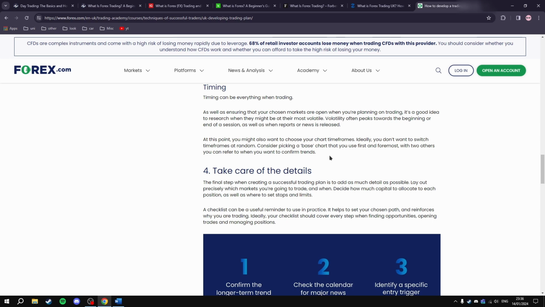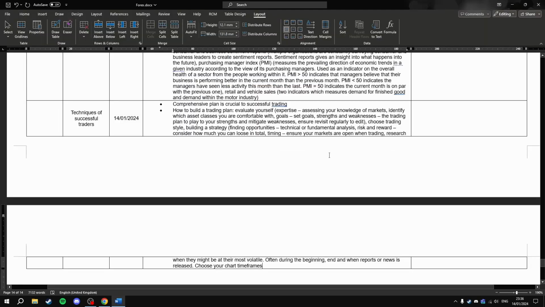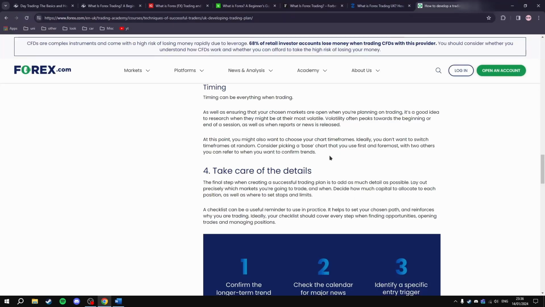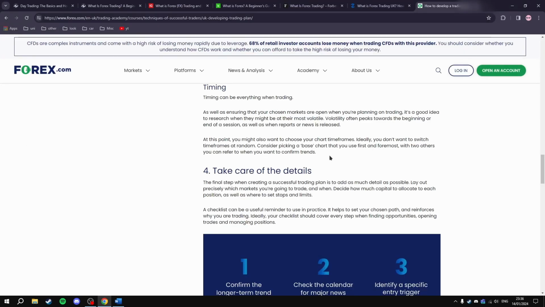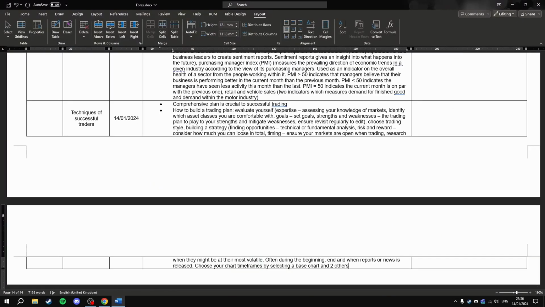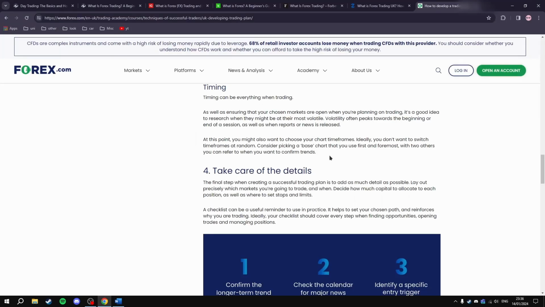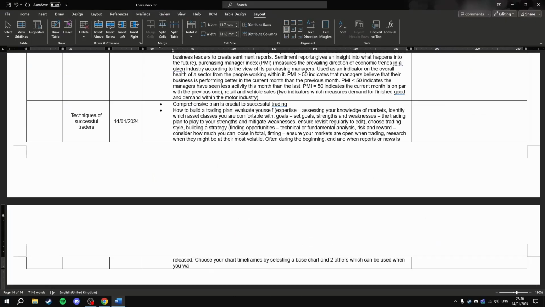Consider picking a base chart that you use first and foremost, with two others you can refer to when you want to confirm trends.